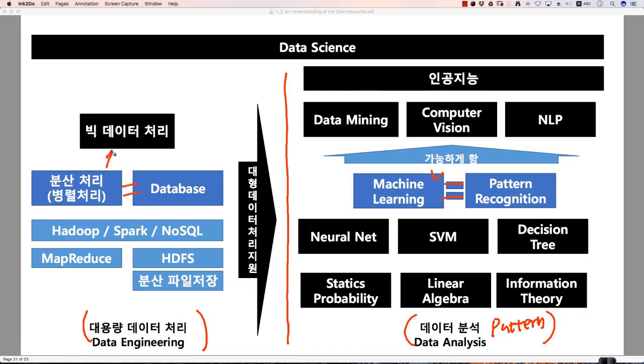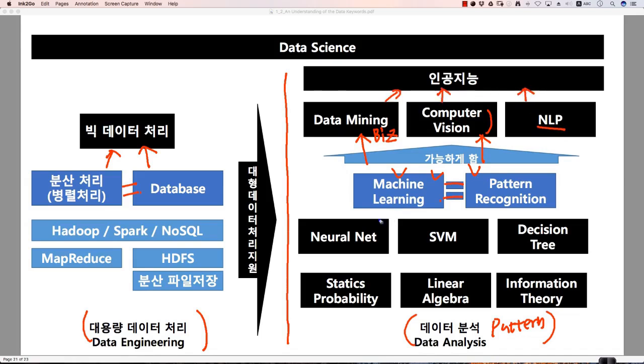Based on this, big data processing became possible, and similarly data mining through machine learning or pattern recognition. These are technologies that have been widely used in the business domain. Then computer vision, which enables capabilities similar to human vision, or natural language processing that mimics human language. Ultimately, these things combined can be seen as artificial intelligence.